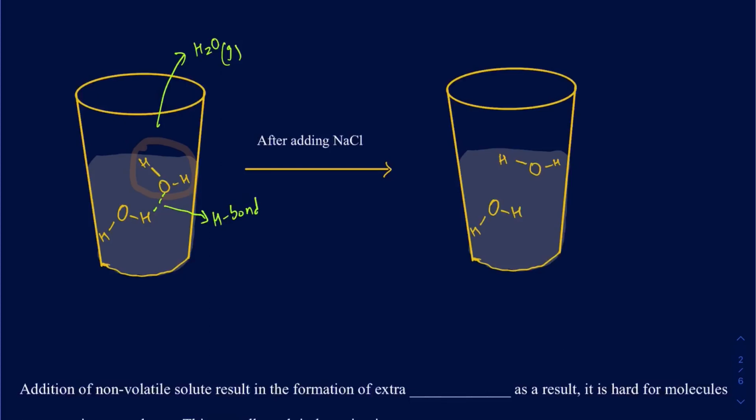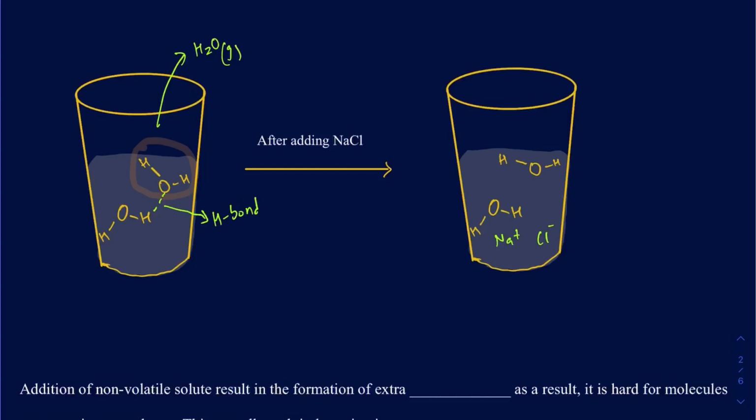However, as soon as you add NaCl, what really happens in the solution? I'm just taking NaCl as an example of a solid solute, and you could obviously have other types of solutes. As long as it's non-volatile, more or less it stays the same. If you have NaCl added in there, I know that NaCl is going to get broken into Na plus and Cl minus in the solution.